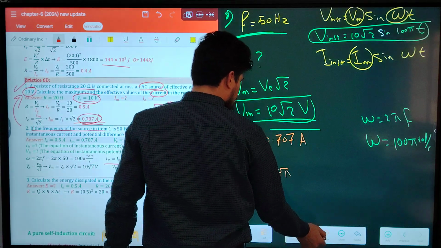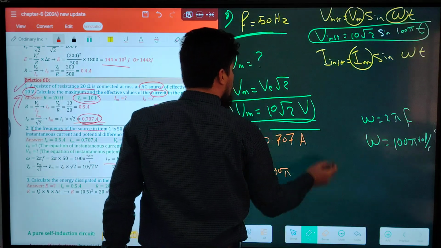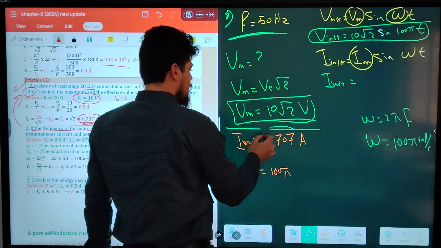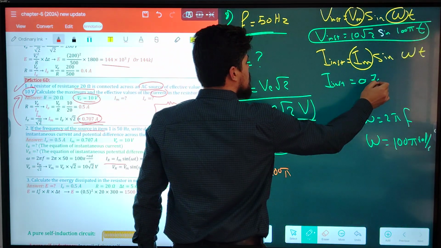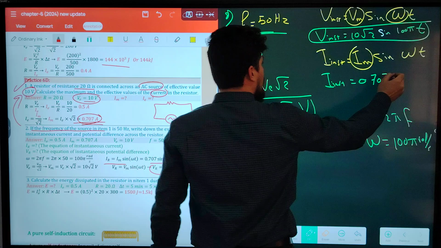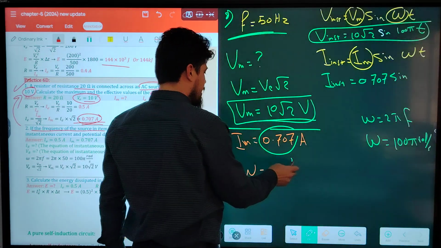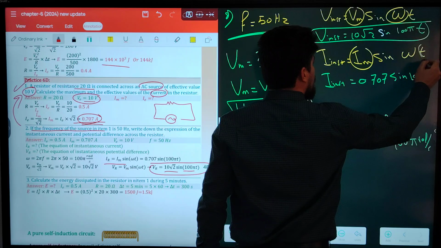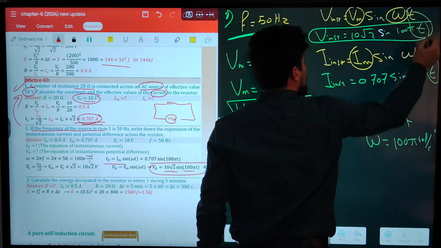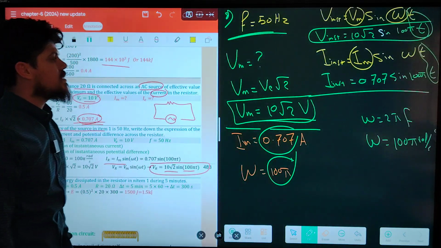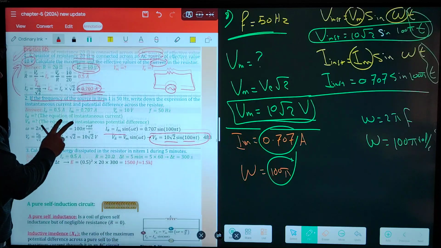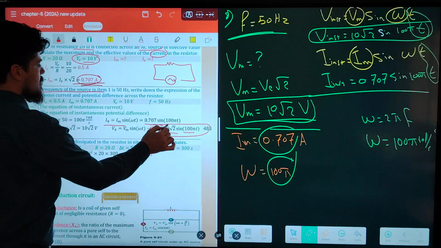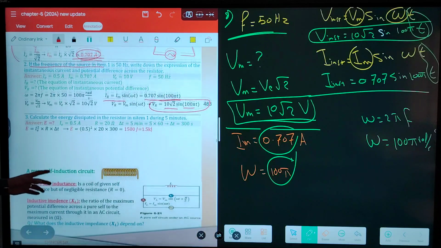Replace into this equation: instead of Im, 0.707 sine, instead of omega, 100 pi, and t. Don't forget this t, please. This is the final answer for the expression instantaneous current across the resistor. I is equal to 0.707 sine 100 pi t.